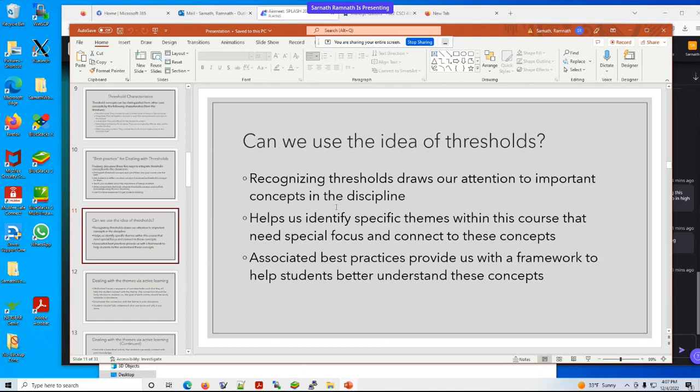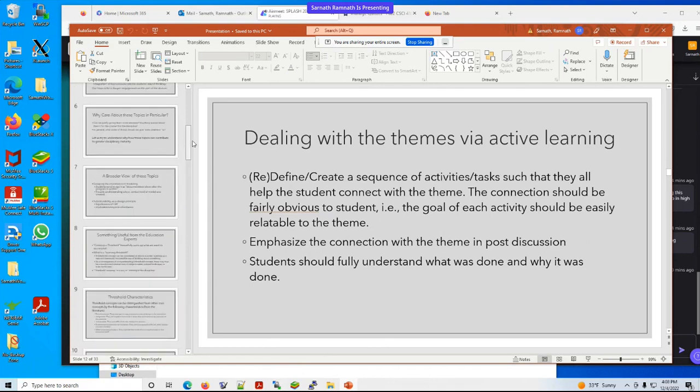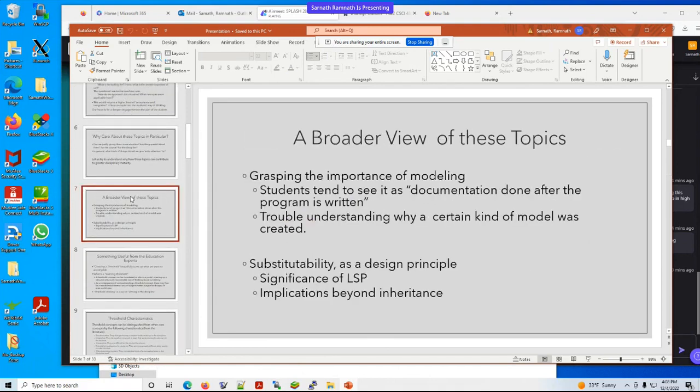One is recognizing it as a threshold concept that needs to be crossed, and then being able to apply those best practices. So, what we are doing here, to go back to the previous slide, we are seeing 2 themes here that we have decided to focus on in this course.